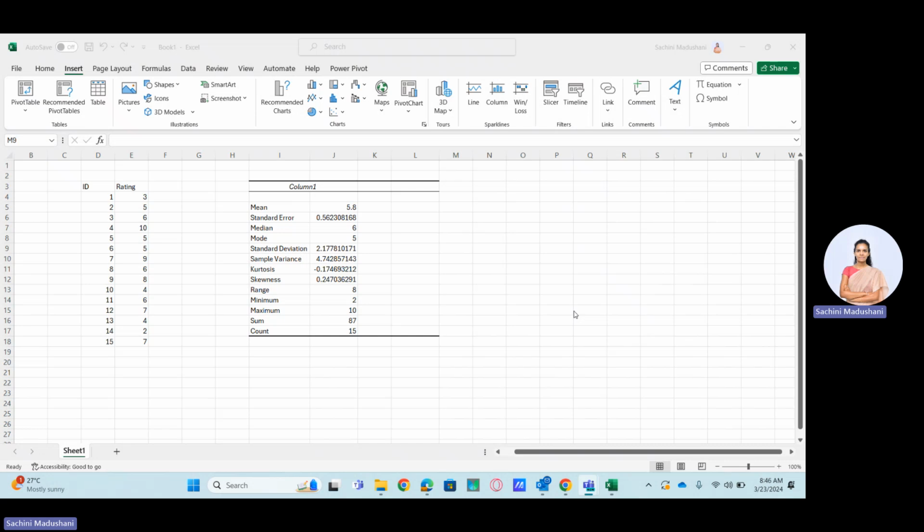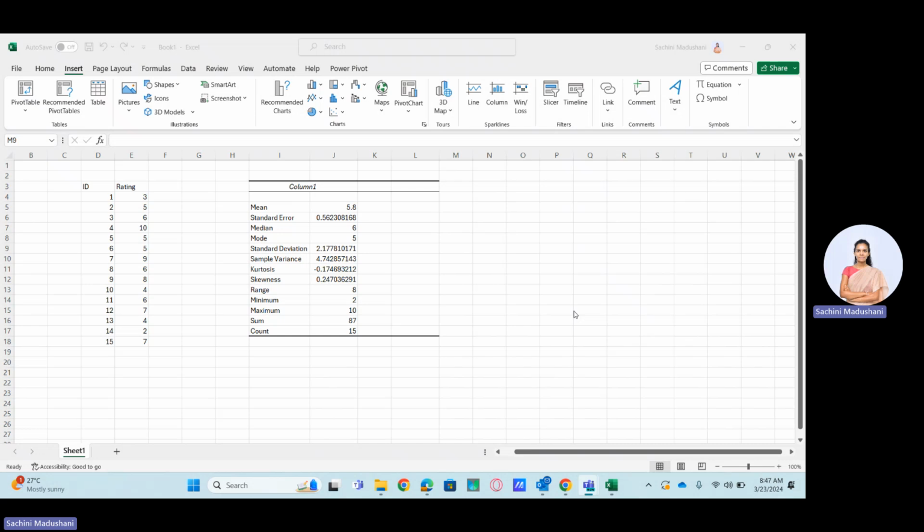That is very appropriate to the data. Then we can say the most number of customers gave this rating. That is the meaningful thing.